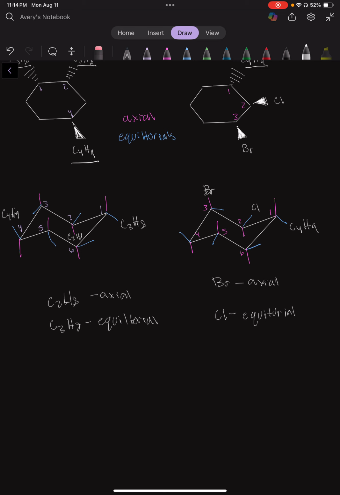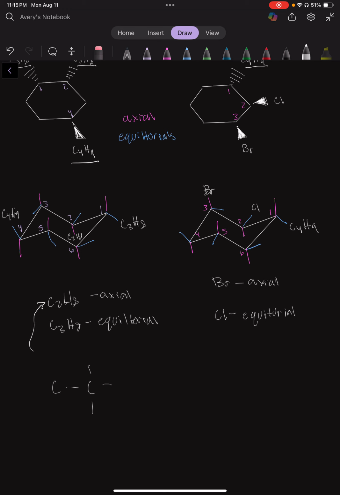Bromine and chlorine are both significantly smaller than C2H6 and C3H6. If you look at your periodic table, they're all not too far off in size, well, kind of, if you're looking at atomic mass, but also the molecular size of this is much larger.